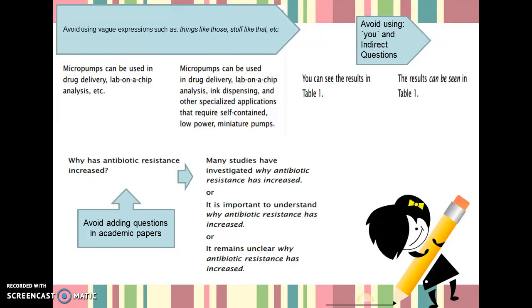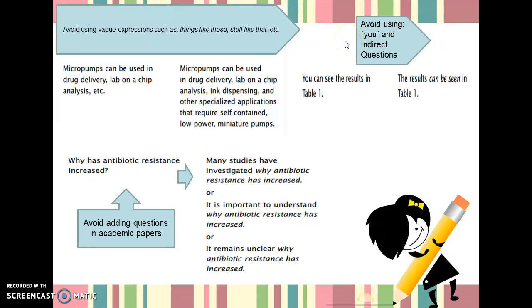So we have then: micropumps can be used in drug delivery, lab on a chip analysis, ink dispensing, and other specialized applications that require self-contained, low-power, miniature pumps. Okay, so here there was previous research. There are things to be listed, and it gives more confidence for the reader to be focused on the content.